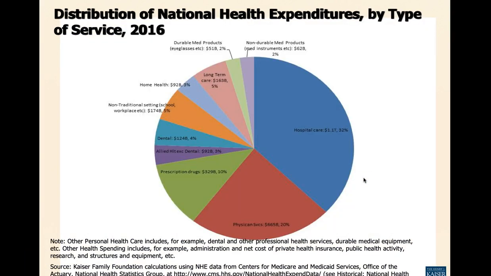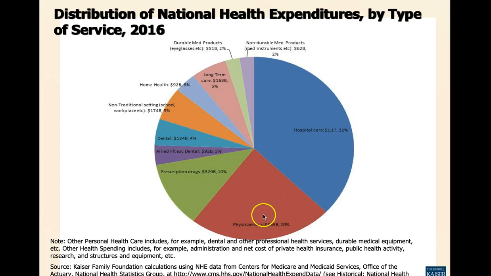So let's compare it to the distribution of health expenditures in 2016. Hospitalization slightly increased by a few percentage points. It was 31 and change percent in 2010, and it is now up to 32%. And the expenditure went up from $814 billion in 2010 to $1.1 trillion.